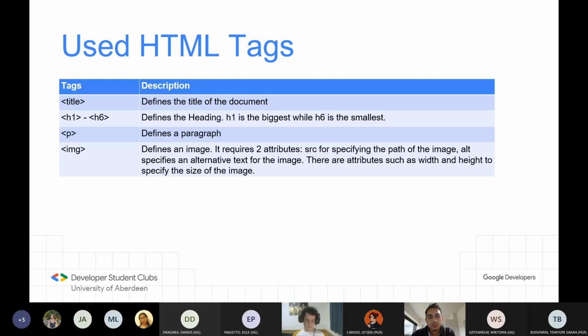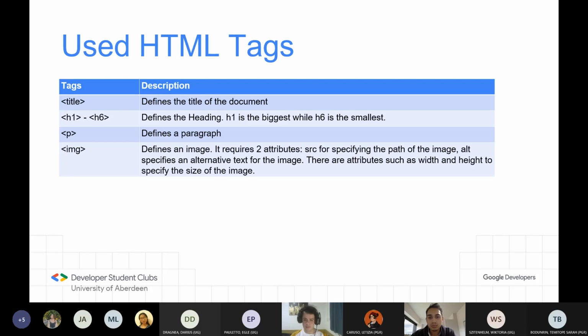H1 is the biggest one you can get, and it goes to H6, which is the smallest heading. The P tag defines a paragraph, so usually it's what you use to write texts. And then the image tag is what you use to insert an image into your website.